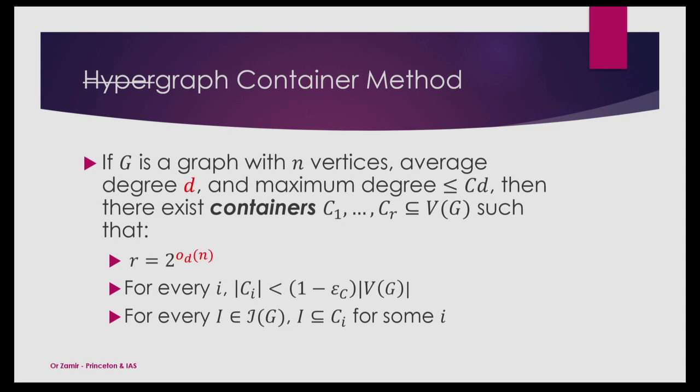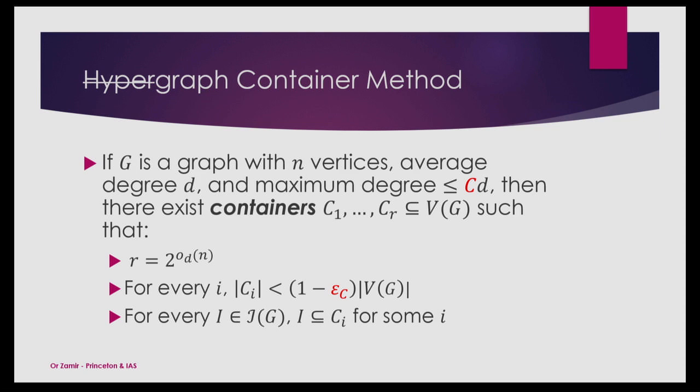The second thing is that the size of the containers is bounded away from the size of the graph. And this epsilon only depends on c. So if this c is a constant, then it is actually a constant fraction of the number of vertices in the graph. This does not depend on n or on d or anything like this. And actually, I will not have enough time to discuss this.